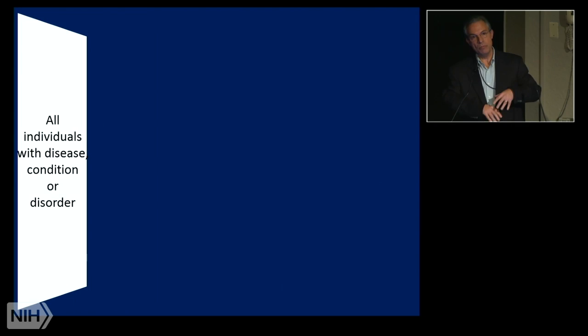But before I really start into randomization, I want to step back and talk about how we get to randomization. Well, you've got a clinical trial about a specific disease, and all the people with that disease or condition. But those who are going to join the trial are not just a random sample of all the people with the disease.